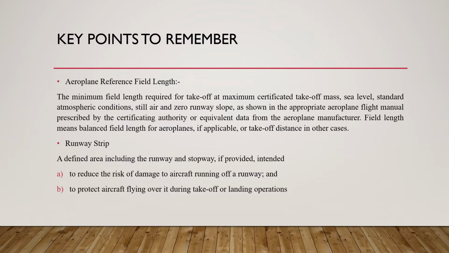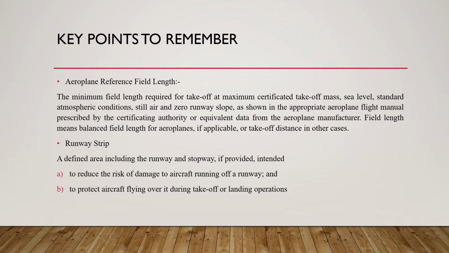The key points to remember: the aeroplane reference field length. As we spoke about in the previous slide, the aeroplane reference field length is the minimum field length required for takeoff at maximum takeoff mass, standard sea level conditions, in still air, and zero runway slope.